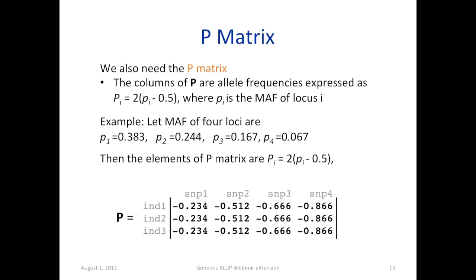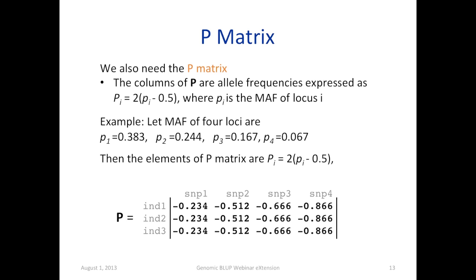So another matrix we need is the P matrix. The columns of the P matrix are allele frequencies expressed as a deviation from 0.5 and multiplied by 2.